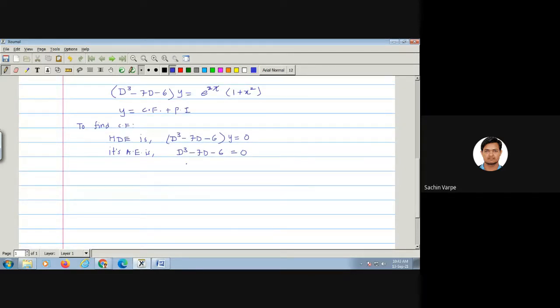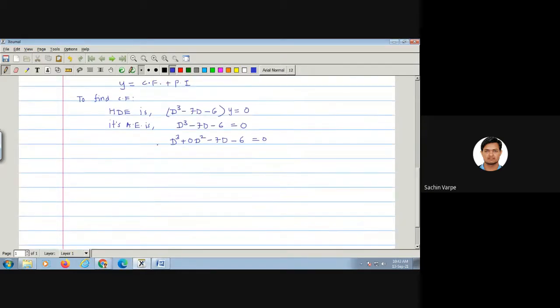We use the synthetic division method, isn't it? Let me write it in standard form: D cube plus 0 D square minus 7D minus 6 is equal to 0. If I add all the coefficients, 1 plus 0 is 1, minus 7 is minus 6, minus 6 is minus 12, which is not 0, therefore 1 is not a root.